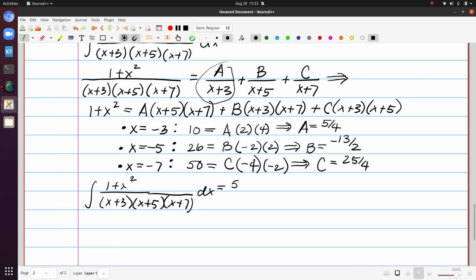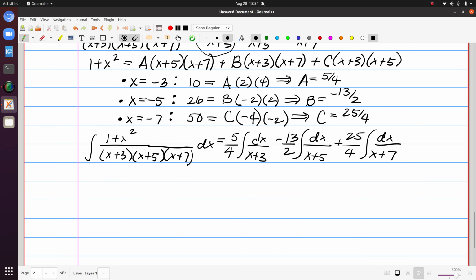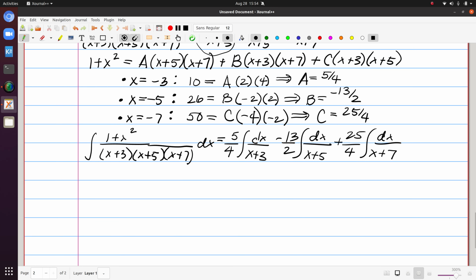So we have 5/4 the integral of 1 over x plus 3, minus 13/2 the integral of 1 over x plus 5, plus 25/4 the integral of 1 over x plus 7. On each of those, notice that the coefficient of x is 1, so I don't have to worry about bringing out 1 over the coefficient like I did in the last example.